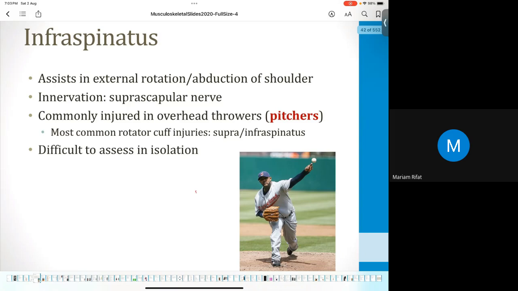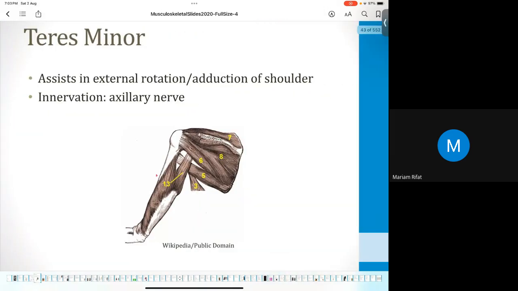But in case of infraspinatus, we do not have any test to look for injury or damage. We do not have tests which can assess only the function of infraspinatus. For supraspinatus, there was the empty and full can test. If we have pain there, we can know whether your supraspinatus is impinged or injured.